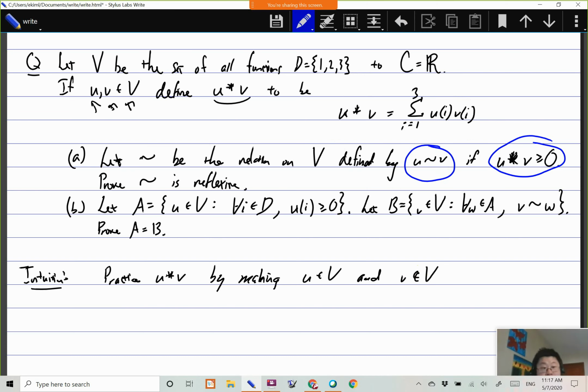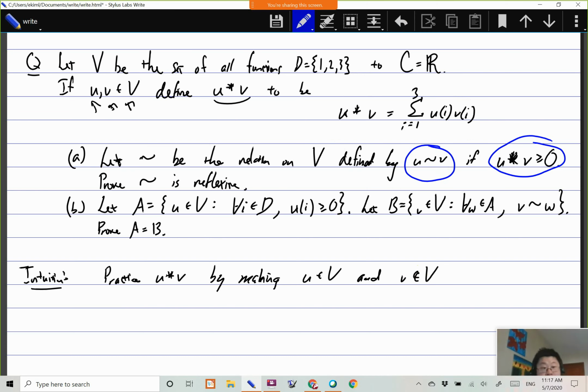Does that work for everyone? That defines little u. Defined this way, little u belongs to capital V, because V is the set of all functions with domain {1, 2, 3} and codomain reals. So this is one of them. I just made something up.